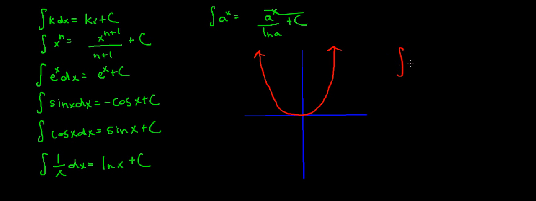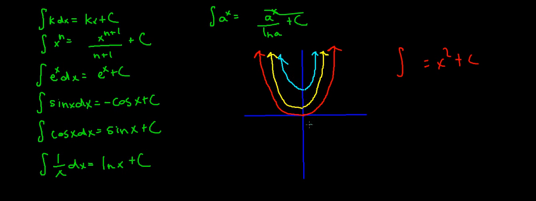So I integrated something and then it was equal to x squared plus c. Now x squared plus c can be anything. It could be x squared plus 0, it could be x squared plus 1, x squared plus 2, x squared minus 1.